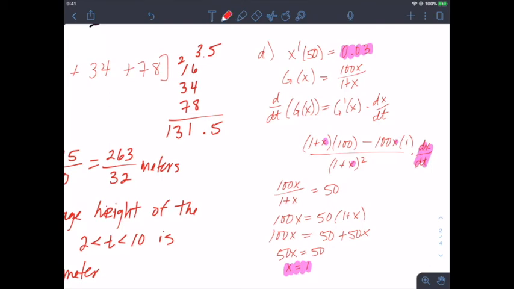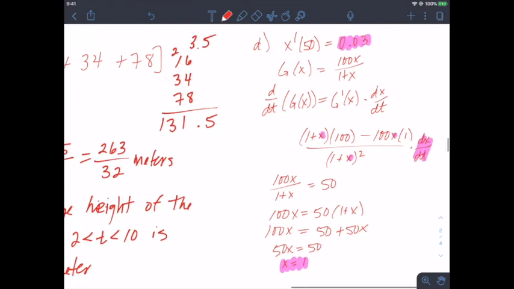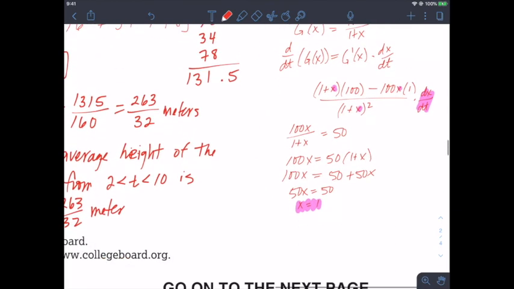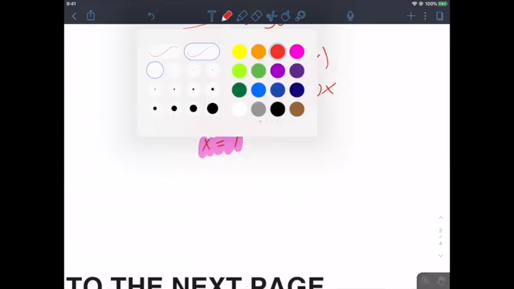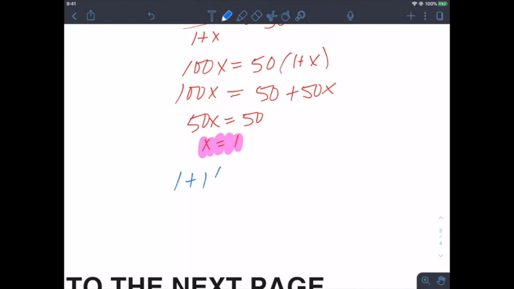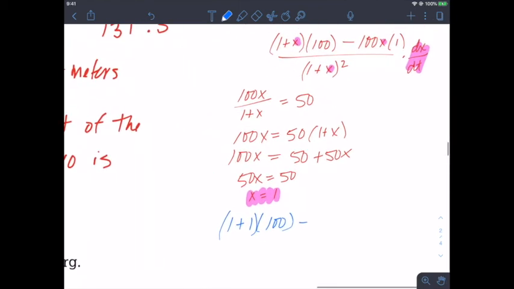So we're going to put those numbers into those places. 1 plus 1 times 100, minus 100 times 1 all over 1 plus 1 squared, times 0.03.